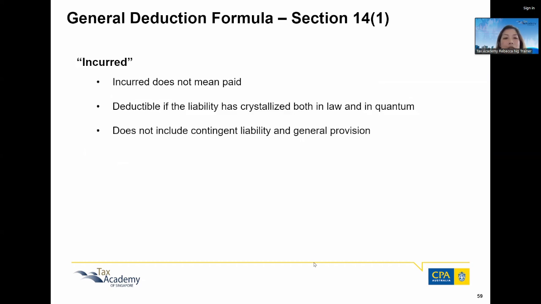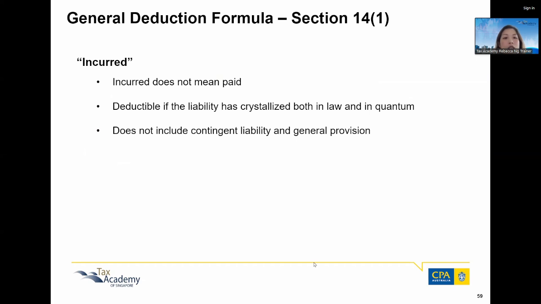So what does incurred mean? Incurred does not mean that it is paid. It means that the liability has crystallized in both law and quantum. So even if there is a liability to pay but it has not been paid, it is considered as incurred.